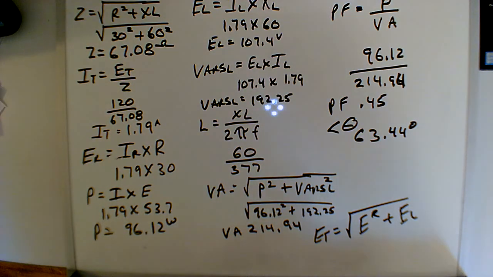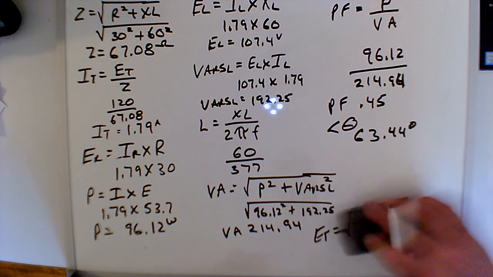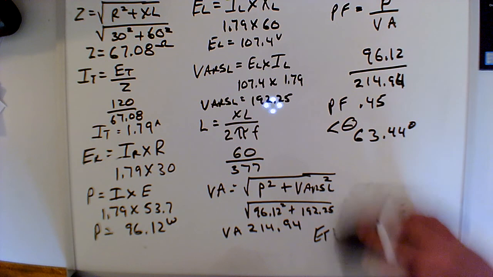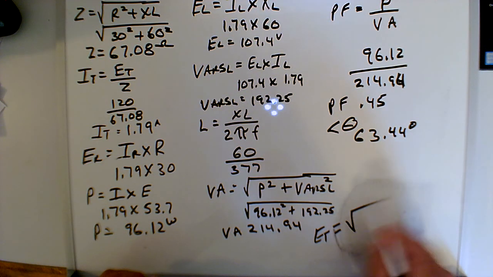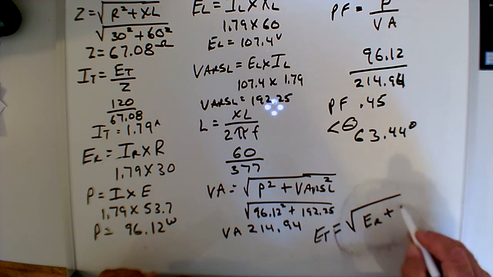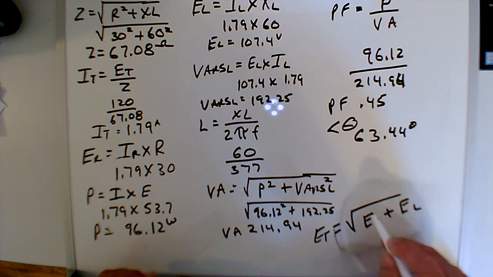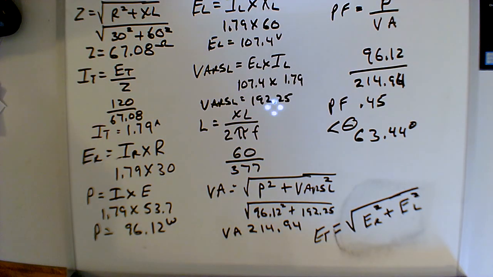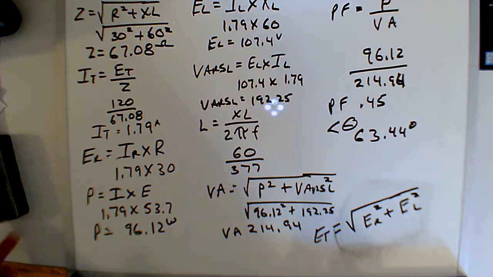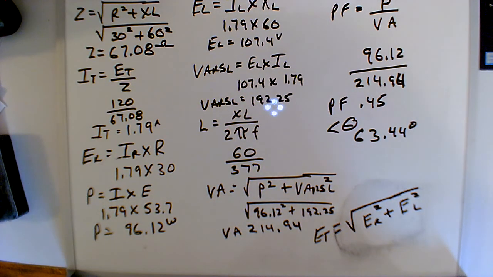Let's rewrite that. ET is equal to the square root of ER plus EL, where these are both squared inside there. So it would be ET is equal to the square root of ER squared plus EL squared. There's more than one way to get to some of these answers, so just consider that.